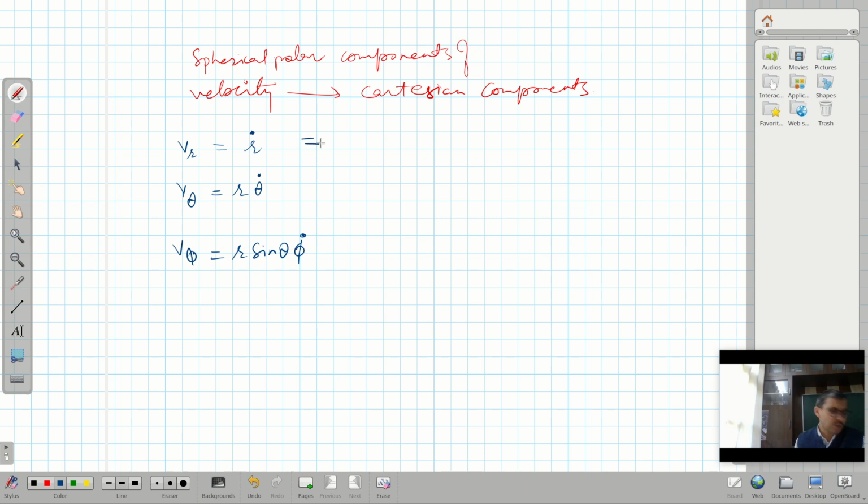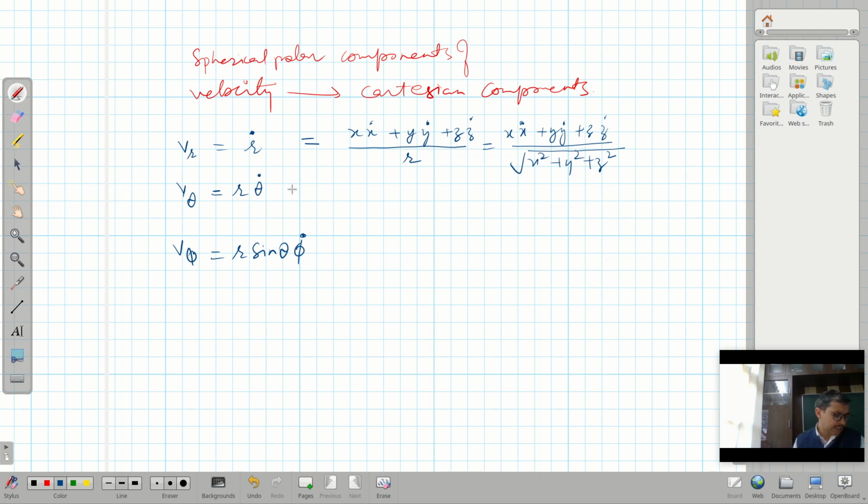And r dot can be written as (x x dot plus y y dot plus z z dot) divided by r, where r is the square root of x square plus y square plus z square.